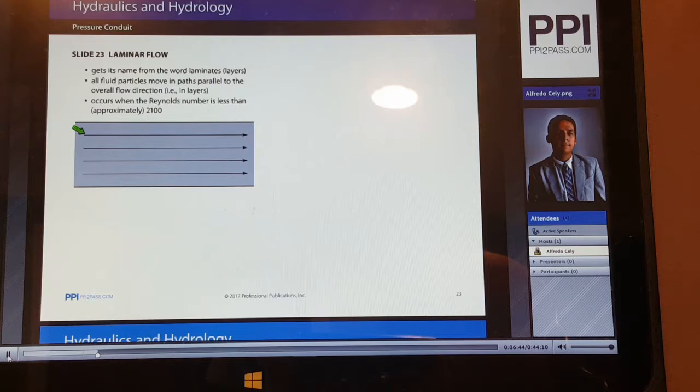Even though the flow layers are the same, the velocity profile is parabolic. This is due to the fluid particles near the walls moving slower than the fluid particles at the center of the conduit. Think about this. If we have friction dragging on a fluid particle that's touching the wall of the pipe, that fluid particle is going to move at a slower velocity.